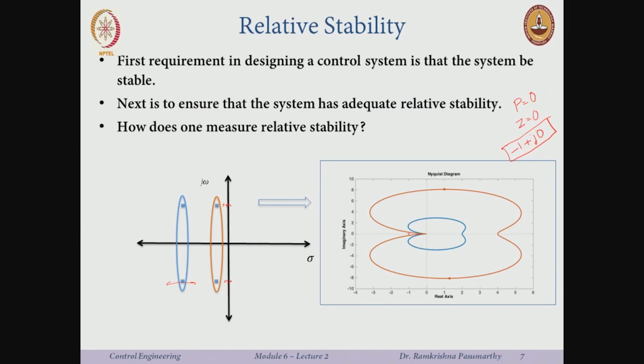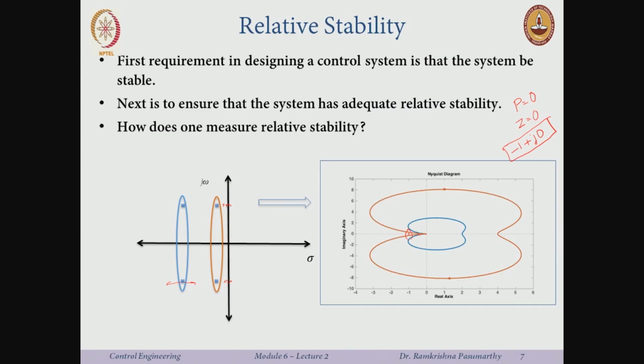So the idea would be to stay as far as possible from this point, -1 plus j0. Look at the blue line here, it starts here and goes here. The brownish line is still closer here. This point inside is the -1 plus j0, and I want to stay away from it.